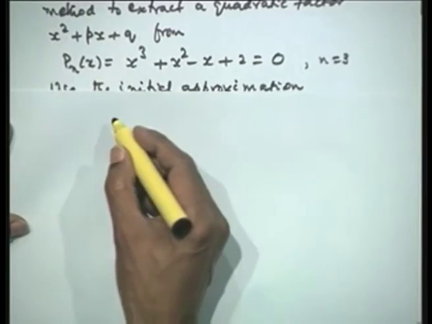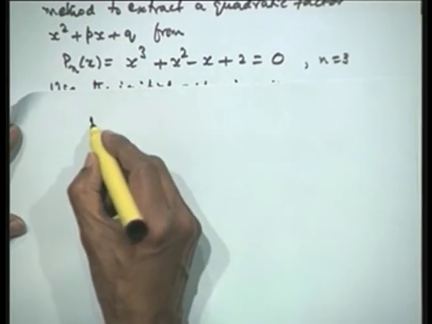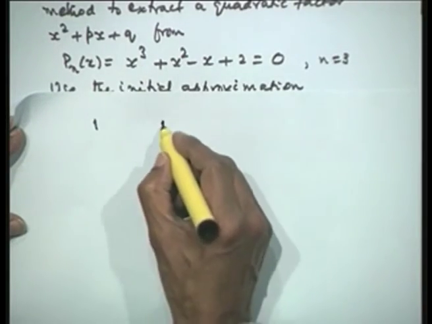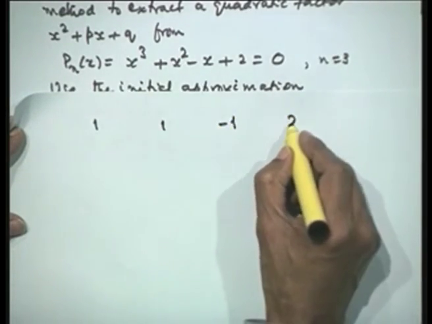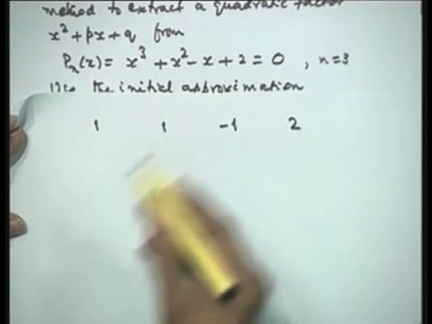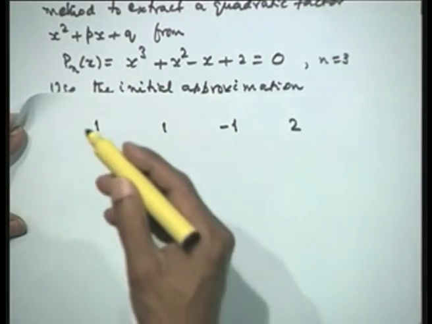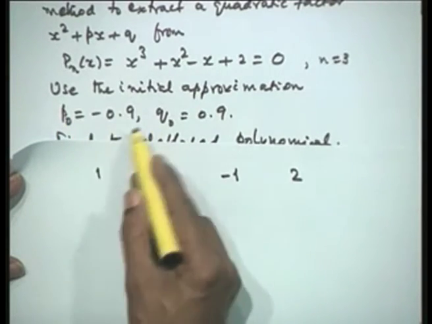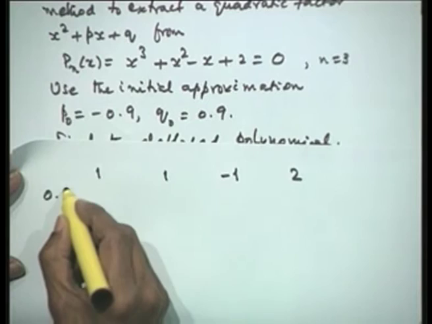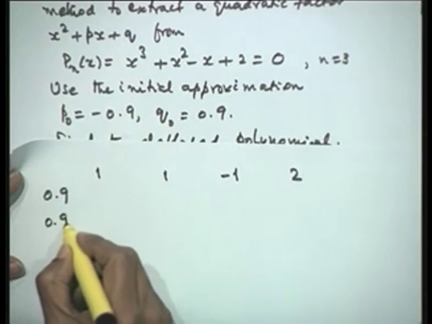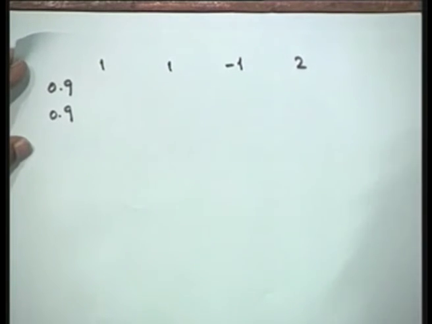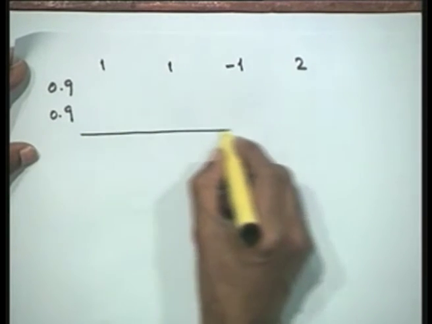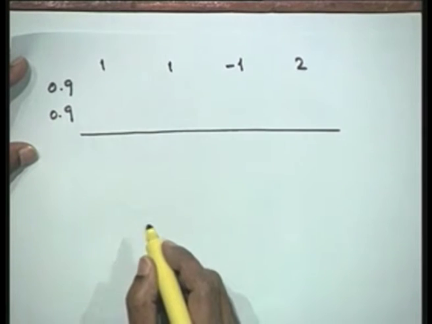The coefficients are 1, then 1, minus 1, and 2, and we have to use the opposite signs, minus p0, minus q0. So, I have to use here 0.9, 0.9, and I perform the synthetic division with respect to this.